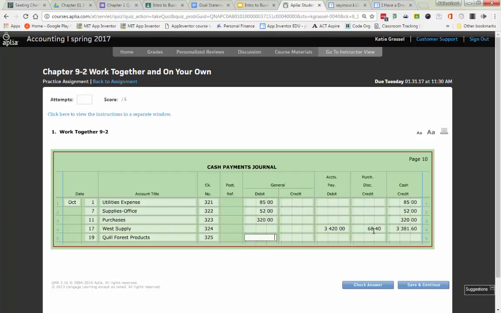We did not write the word accounts payable, so we have to go to the accounts payable column. And then I'm going to put in $4,380. What is the amount of our discount? Nothing. So I'm going to put $4,380 in cash. Not all businesses will have a discount that we could take.